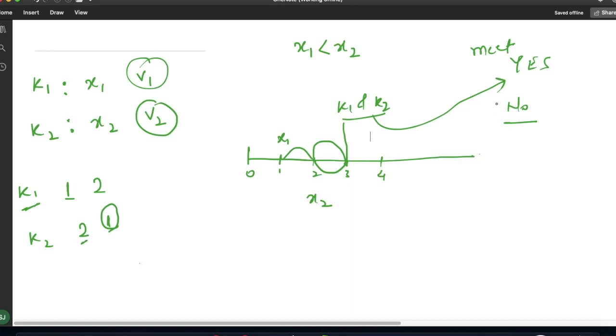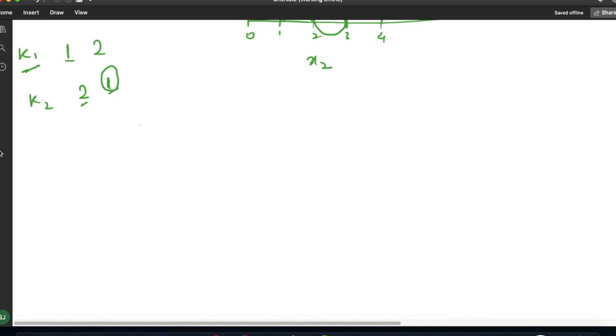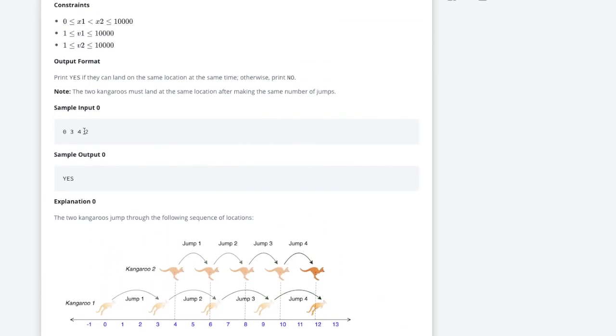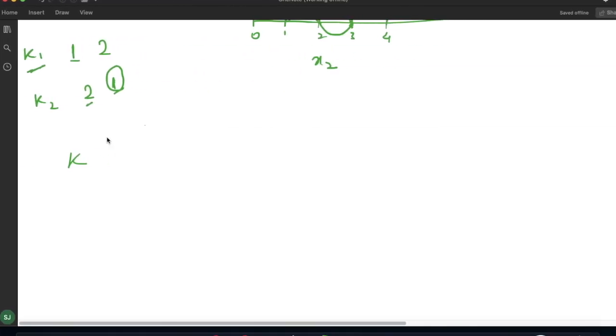Let me take another example. Suppose k1 is initially present at, let us take this example, 0 3 4 2.